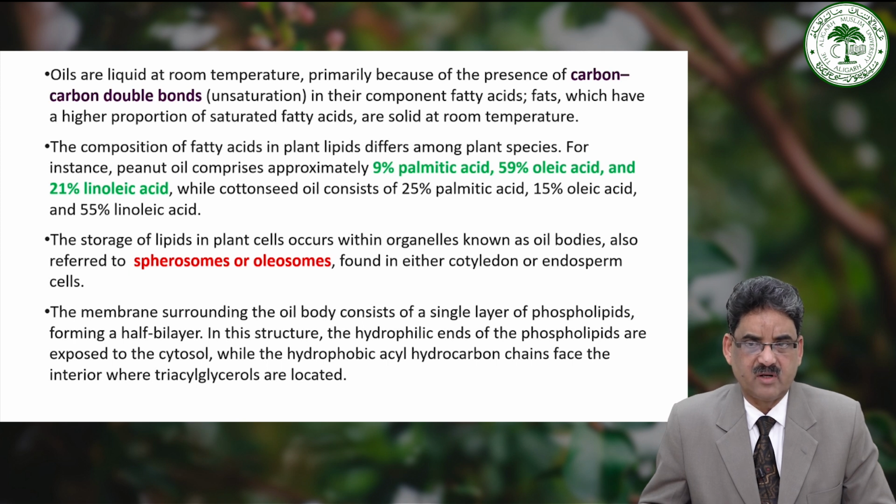Peanut oil, for instance, contains around 9% palmitic acid, 59% oleic acid, and 21% linoleic acid, while cottonseed oil comprises 25% palmitic acid, 15% oleic acid, and 55% linoleic acid.